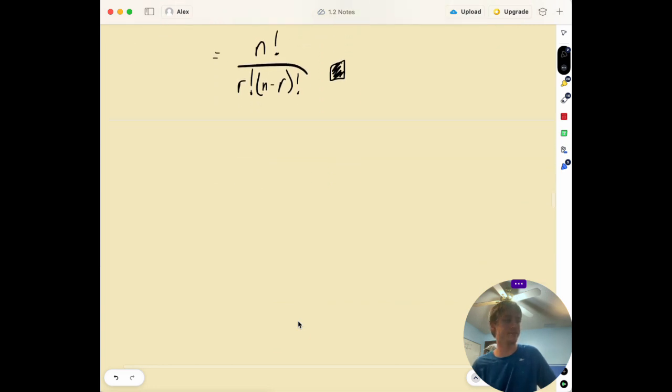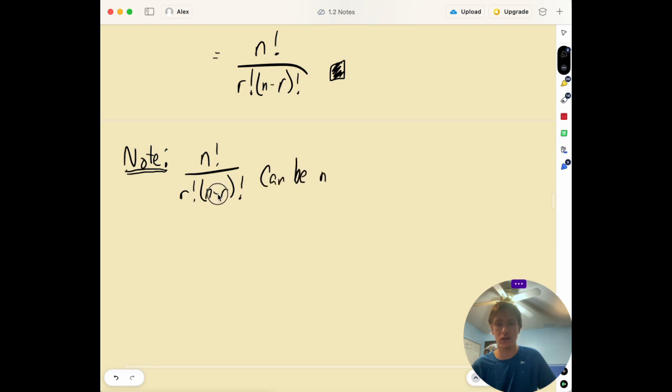Okay. Now, a couple of comments about notation. Because this coefficient is so important, we actually call it a bunch of different things. And just remember, this is the number of subpopulations, where the order doesn't matter, of size r from a population of size n. We can notate this a couple of different ways.